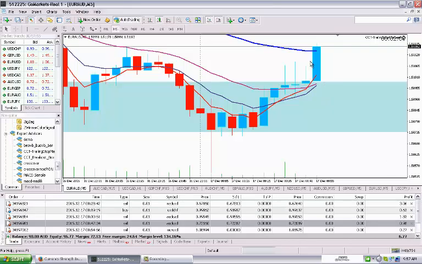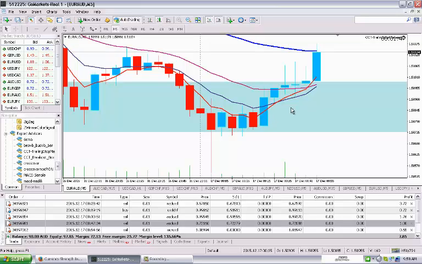Bit annoyed here with this because I was going to take it and I'd closed it out. It was there, and I thought, oh no, I'll just let it go. And I'm looking at the strength of the Aussie, and it's looking pretty good. But actually, sorry, the strength of the Aussie should be good, but it's not at the moment.